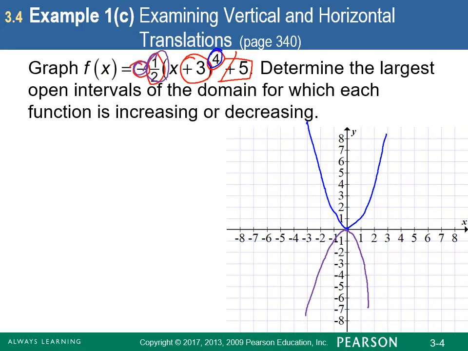So the 1/2 is going to make it a little narrower. Then the plus 5 shifts it up 5, and the plus 3 shifts it to the left 3. So here is to the left 3 and up 5. So this should look like this.